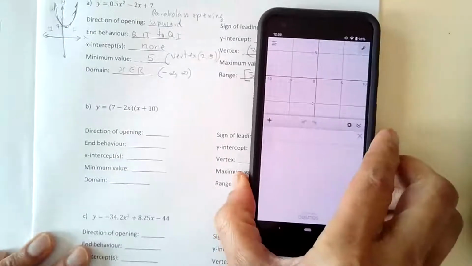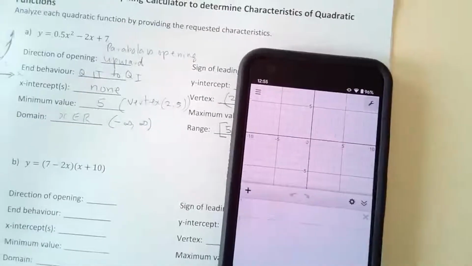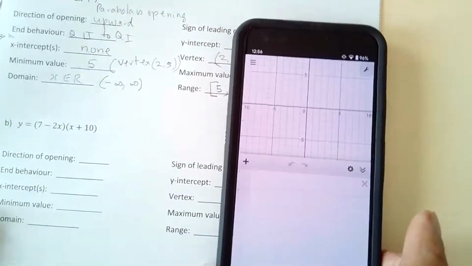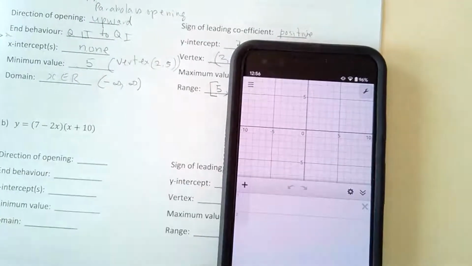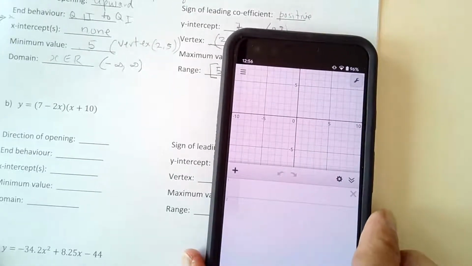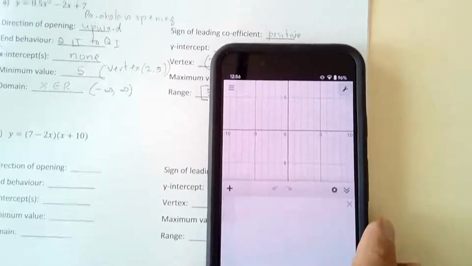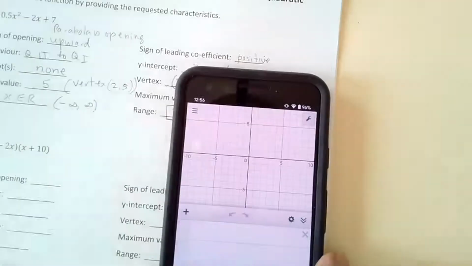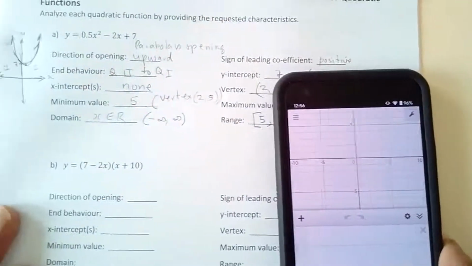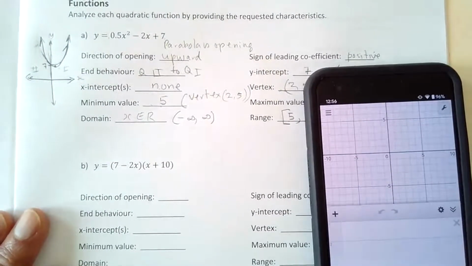Okay, this is for your Desmos users. I'm sure there are lots of you using Desmos. Now, I'll show you how to use Desmos to find the vertex, the y-intercept, etc. So let's go back to our equation. Now, we already used our graphing calculator, so now let's go to Desmos.